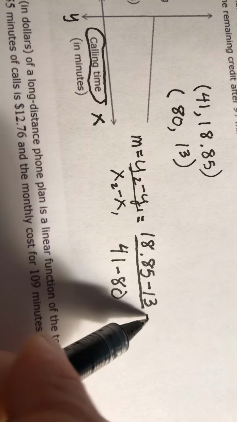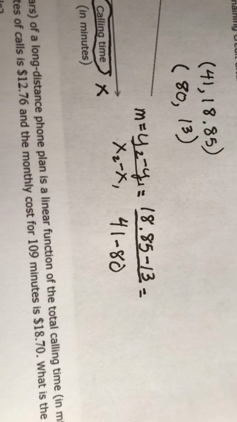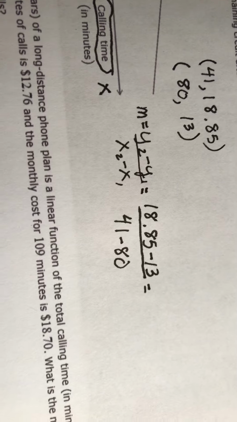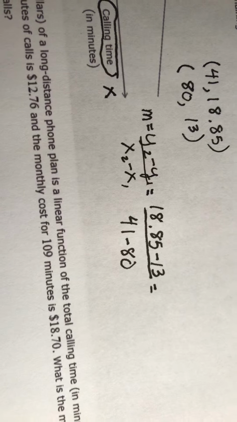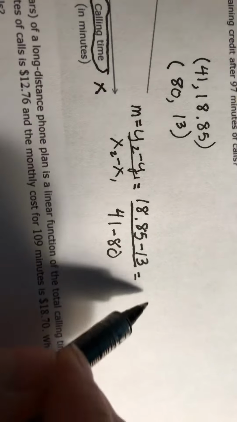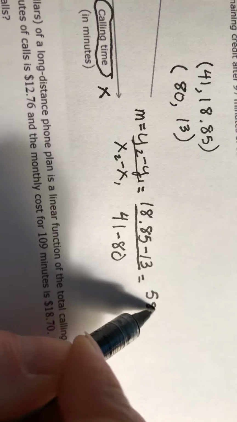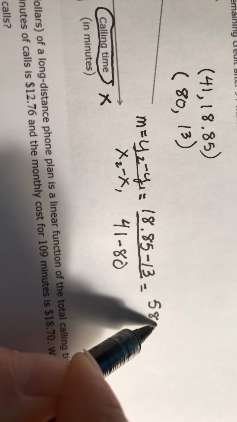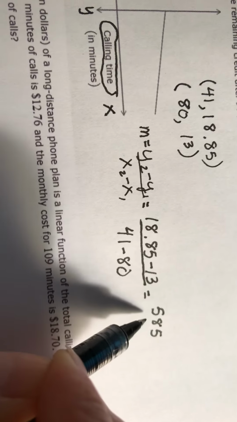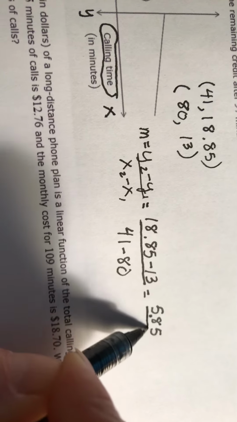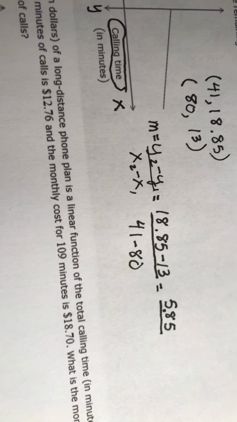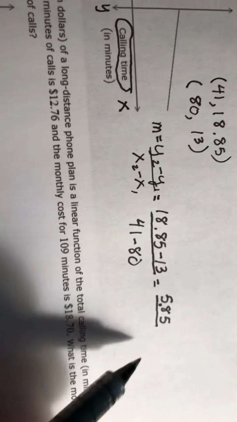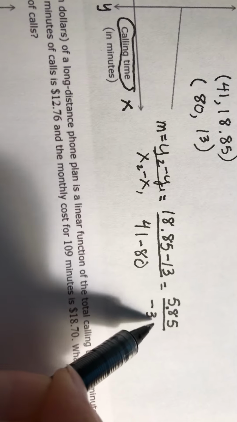I'm going to assume you can do this on the calculator. $18.85 minus 13 is $5.85. Don't do any rounding off. So 5.85, that's positive. And 41 minus 80, there's my negative, negative 39. I knew I had to have a negative.